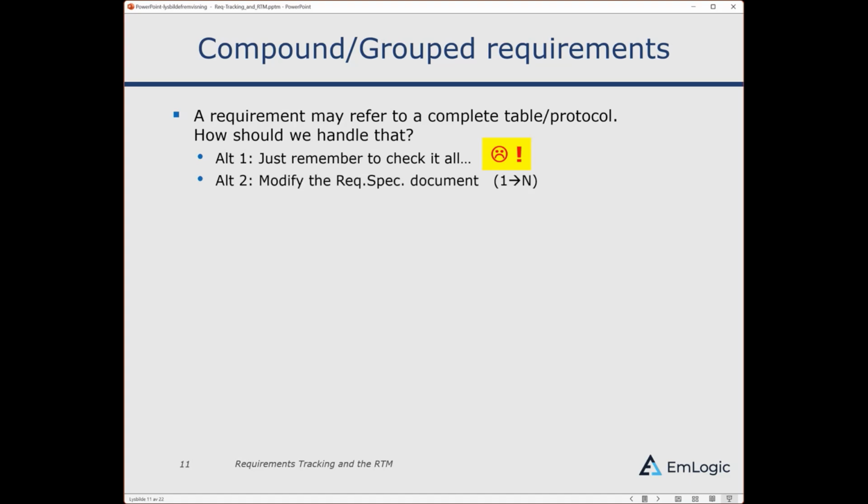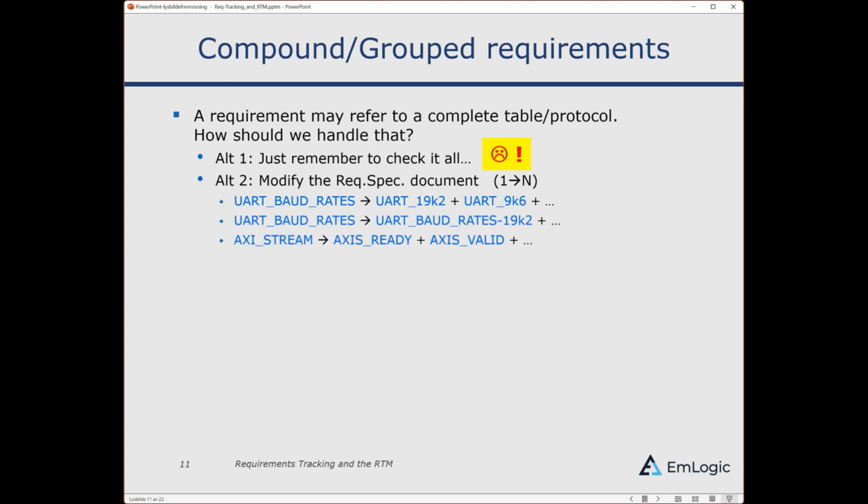Could be to modify the requirement specification document and just change the names, extend the names or modify the names, as you see here. Axis stream, for instance, could be split into ready and valid and so on. But that means it requires modification of an approved document, and that might not be a good approach either.